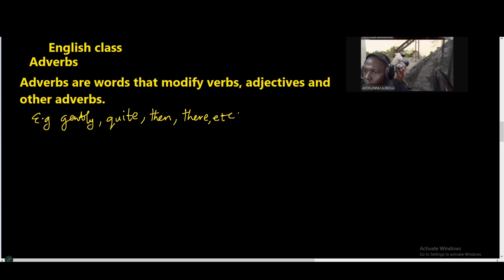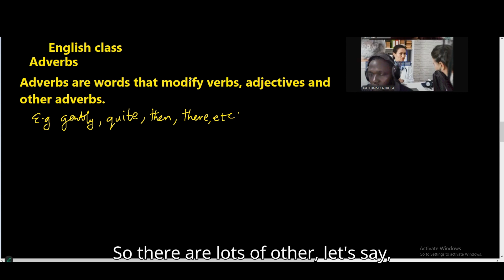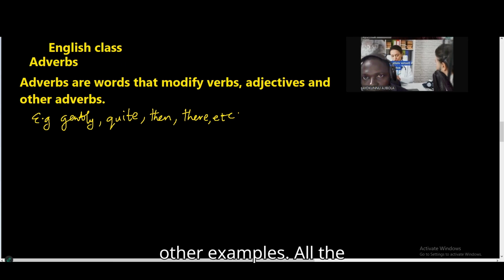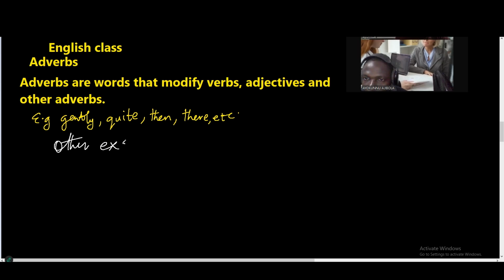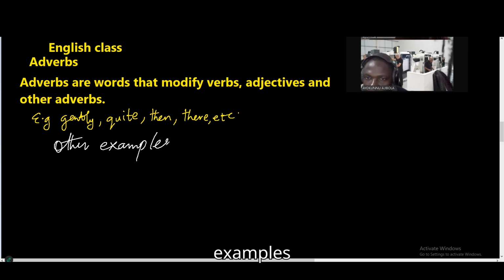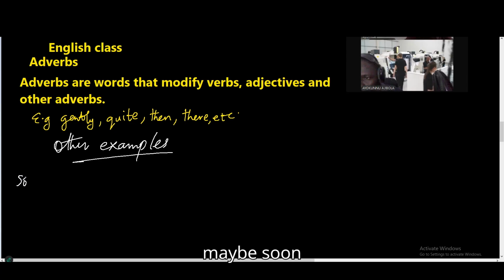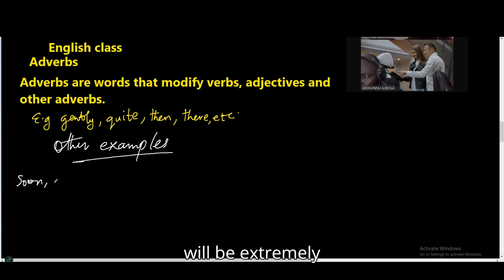So there are lots of other examples. Maybe soon, or maybe extremely.